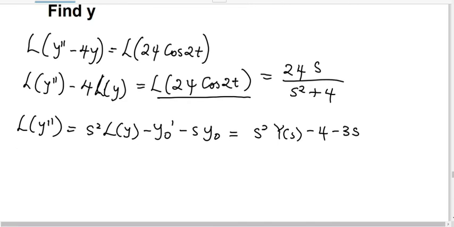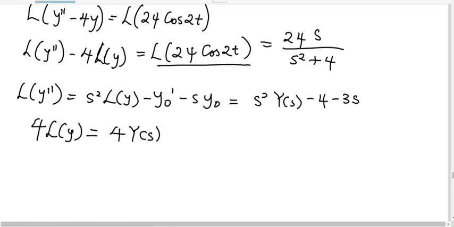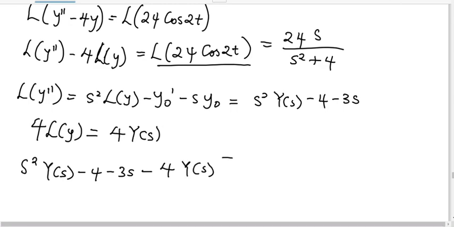And 4 times the Laplace transform of y is just going to give us 4Y of s. So putting all this together, we have s squared Y of s minus 4 minus 3s minus 4Y of s equals 24s over s squared plus 4.